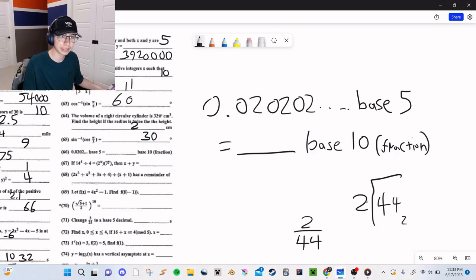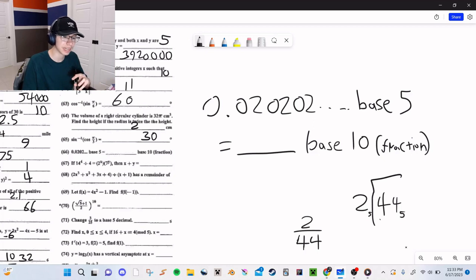Now why can't we just divide it by 2 and say, oh, 22, 1 over 22? That would get you the wrong answer, because we're not dealing with base 10, we're dealing with base 5. Oh, why did I put 2 here? My bad. We're dealing with base 5, so how can we divide a number in base 5?